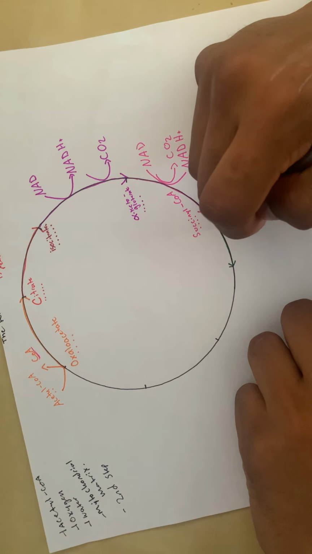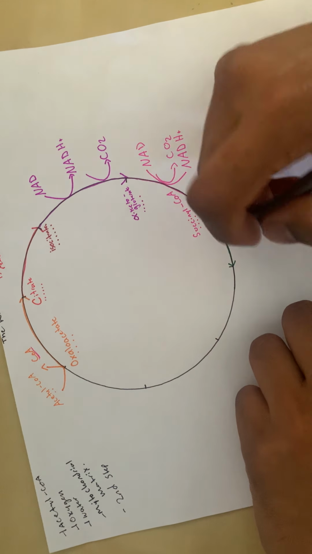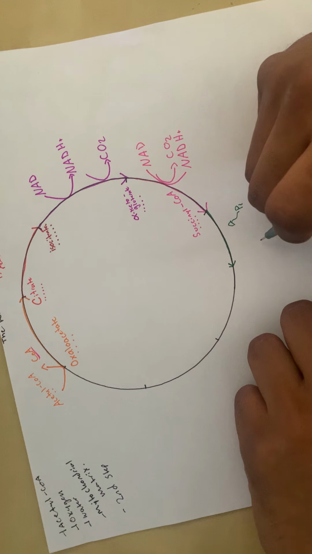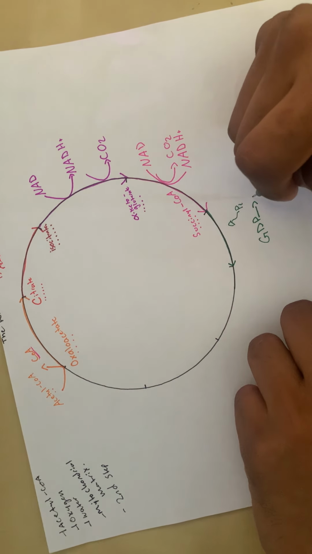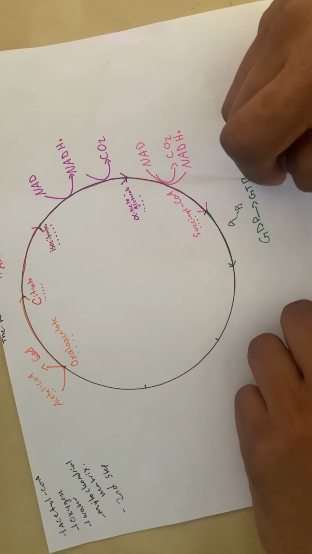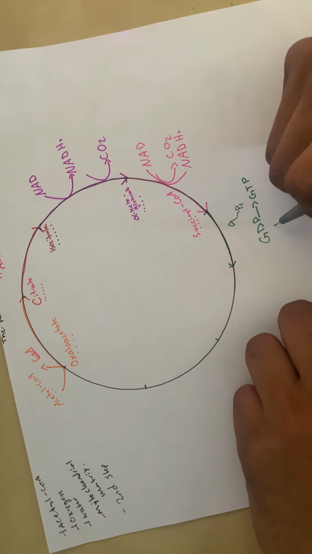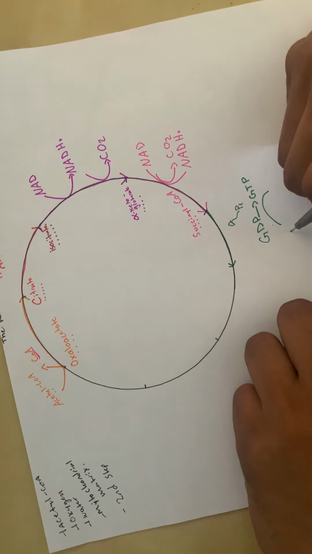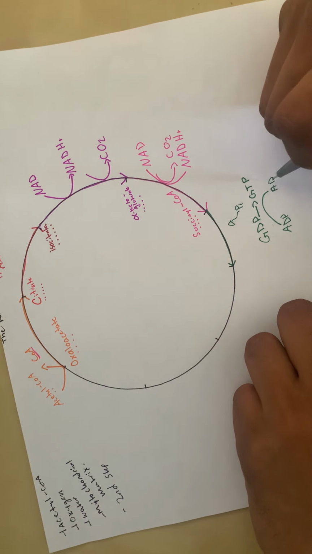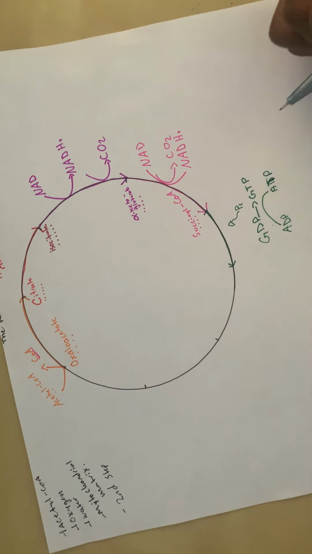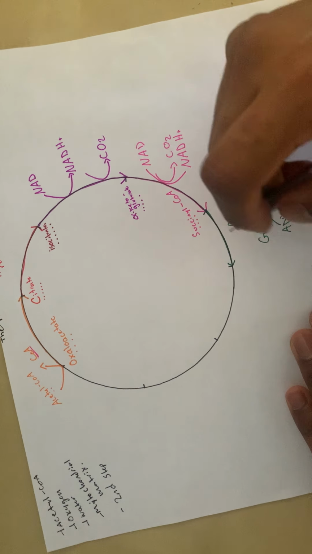So we're going to show plus phosphate group. And this process is going to turn GDP into GTP, which is going to turn ADP into ATP. And this whole process is substrate level phosphorylation.